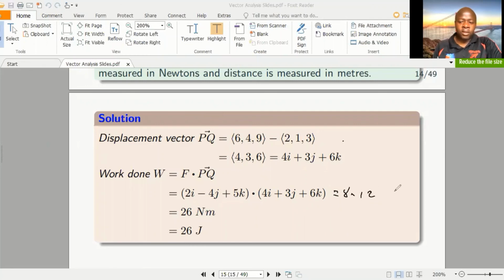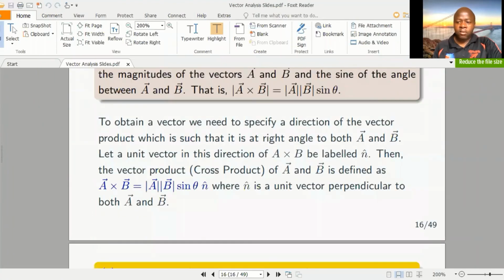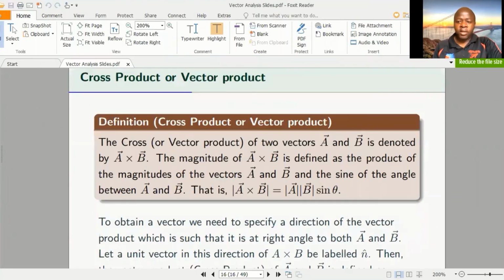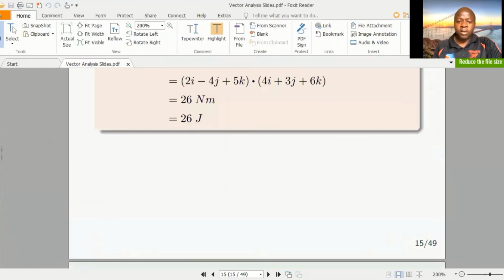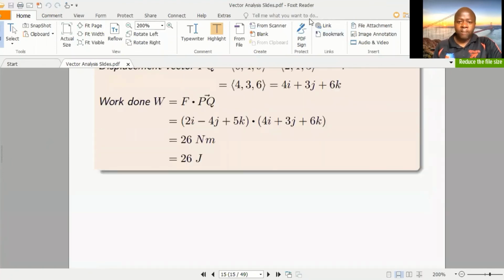And 5 times 6 gives us 30. So this will give us, at this point, negative 4 plus 30, which gives us 26 newton meters or 26 joules. And that is the work done. And so that is how we calculate work done if we are given force and distance. And that is a very good application of the dot product.